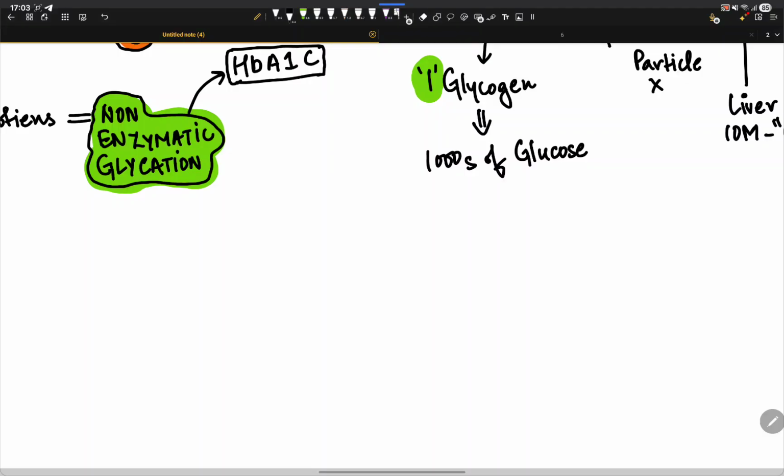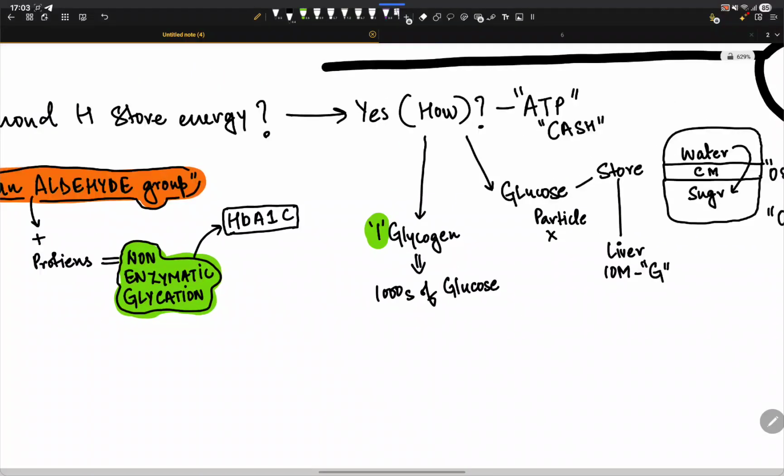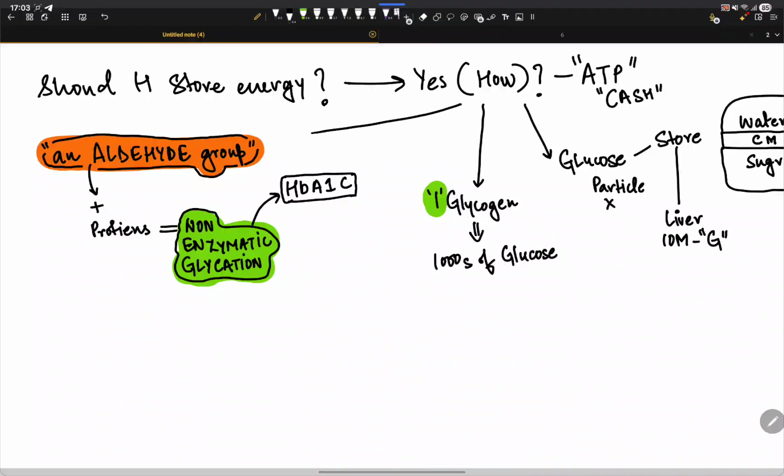So nature doesn't want that too. That's problem number 2. Now, what nature actually did is that glycogen protects against both problems. Glycogen is the solution for both of the problems.